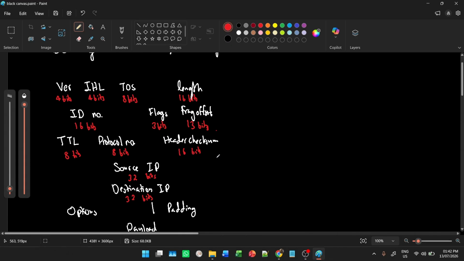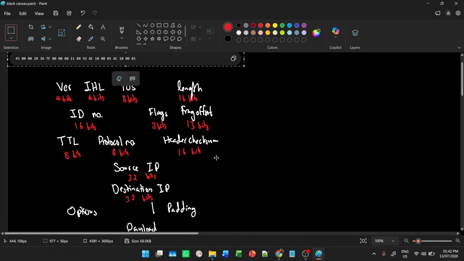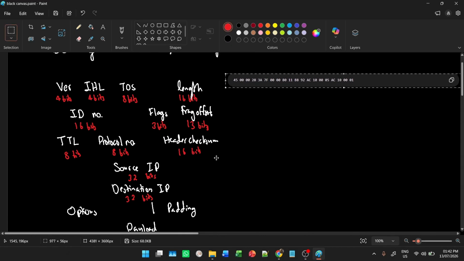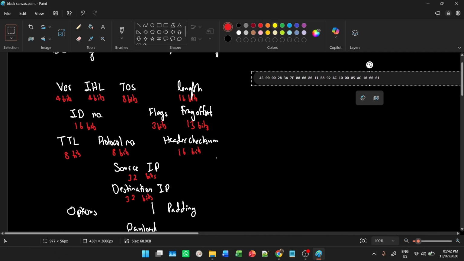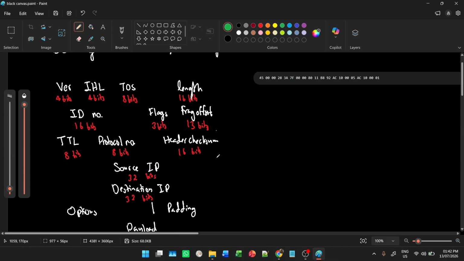So let's say we have something like this. This is a set of numbers, and each of these is in hexadecimal, which is considering 4 bits. So each of these is a hexa pair, this hexa pair, this hexa pair, and so on.